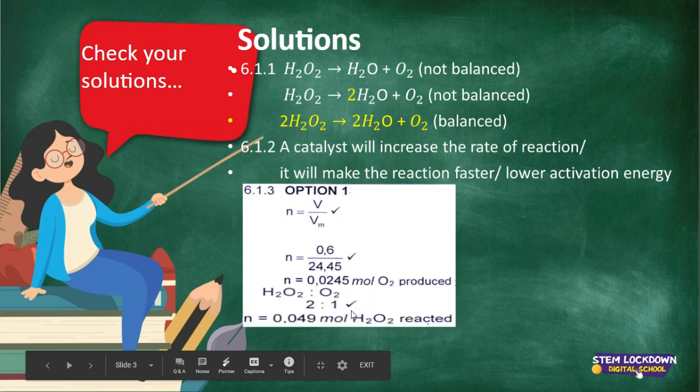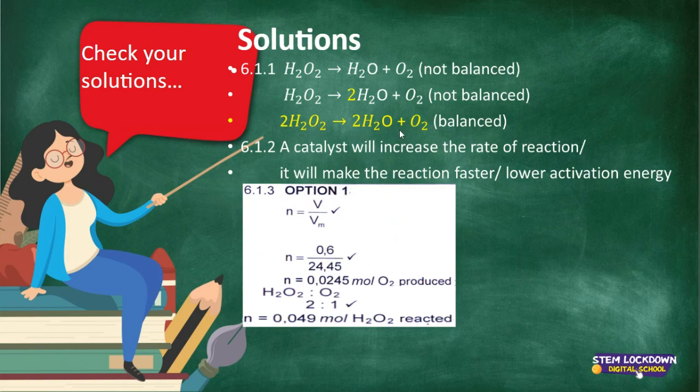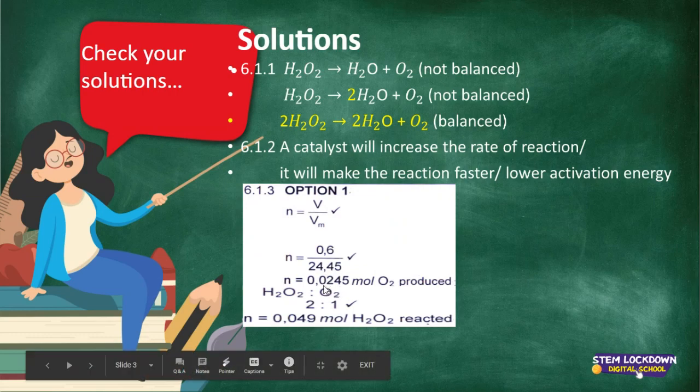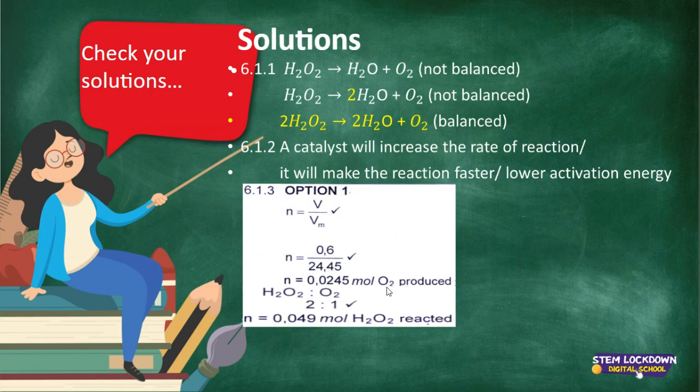Now we look at the equation. Let's go back to the equation. If we look at this equation, 2 moles of hydrogen peroxide will produce 1 mole of oxygen. So this number of moles is of oxygen, the number of moles produced of oxygen.